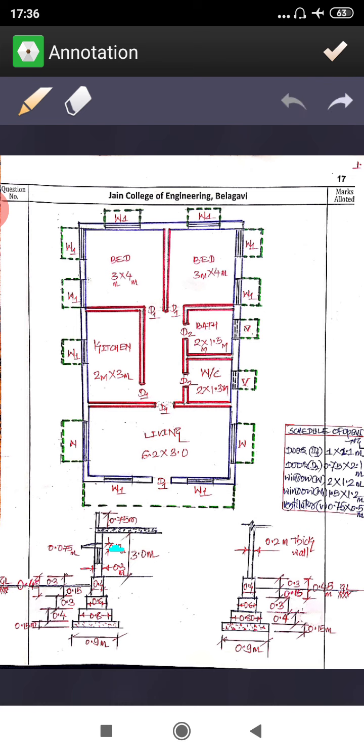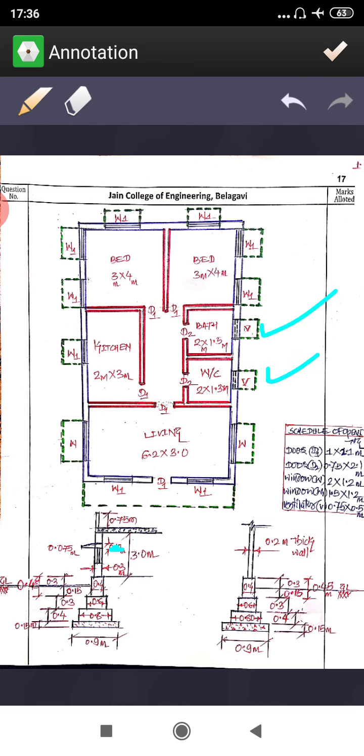Then we have the openings of two larger windows, W and W, and then W1 openings, 9 numbers of W1. Then we have to do the deduction for ventilators, 1 and 2 ventilators.